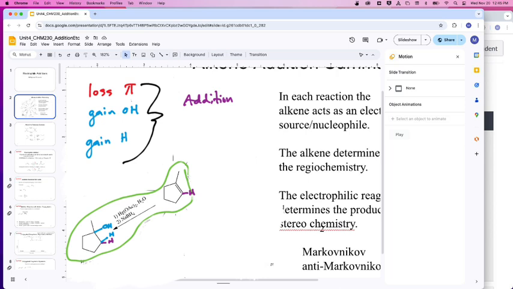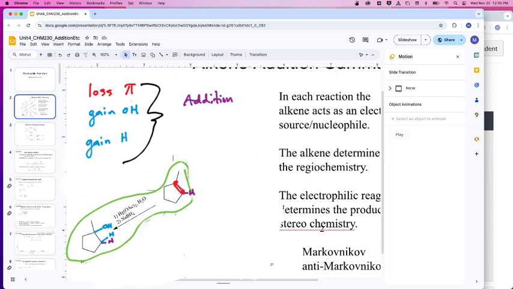The pi bond that broke. The pi bond has 2 carbons. Did you place it at either of those 2 carbons? No, it says very specifically only one of those carbons reacted with the OH.